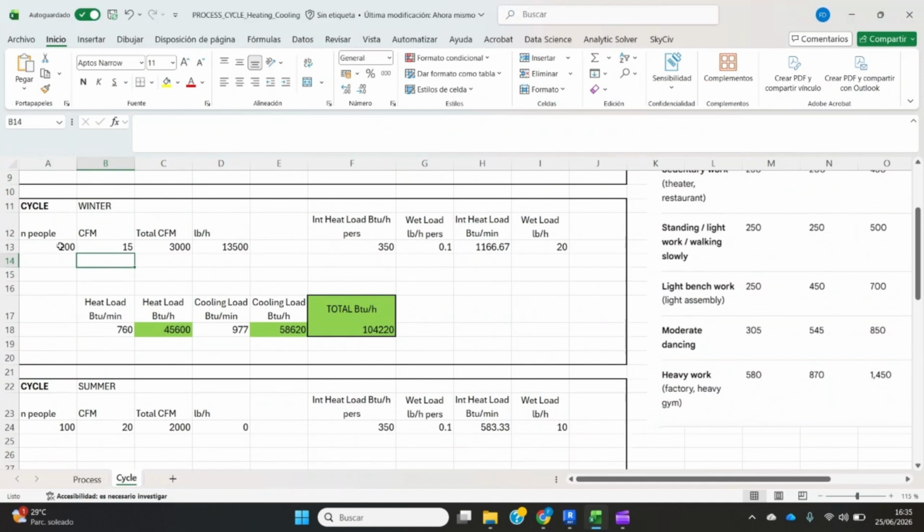So the total CFM is the number of people times the CFM per person. The total CFM is this, and here we have cubic feet per minute, and we have to turn this into pounds per hour.